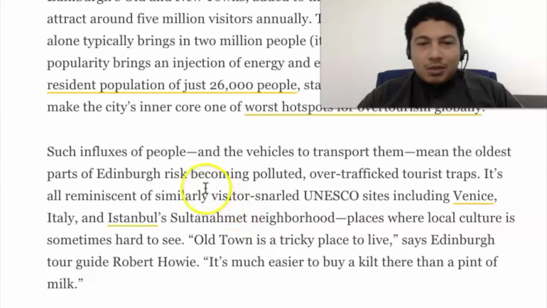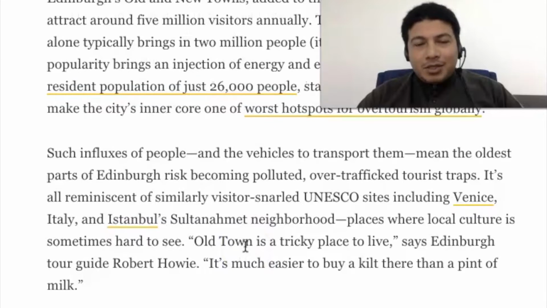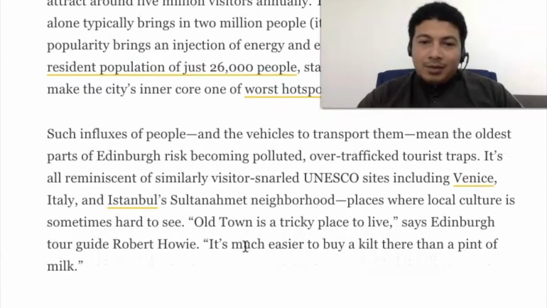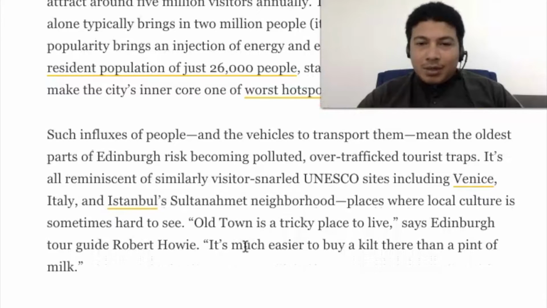It caused the city to be polluted, over traffic, so a lot of bad things happening. So actually this article is giving an idea that the pandemic is doing a good thing to the city, keeping the cars and the visitors away and making the city a better place to live.